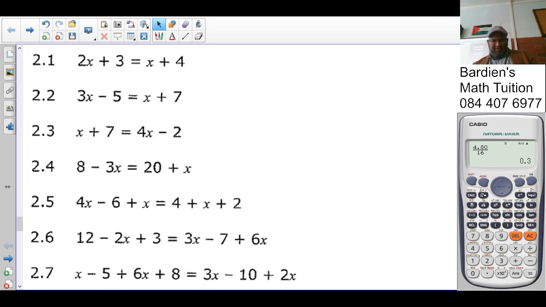Okay, just getting part of the homework here. So it was 2.7, so it's 2.10.